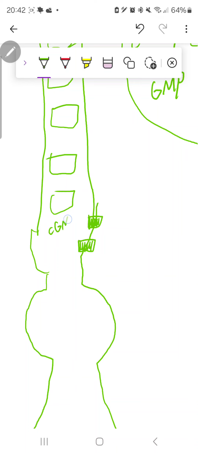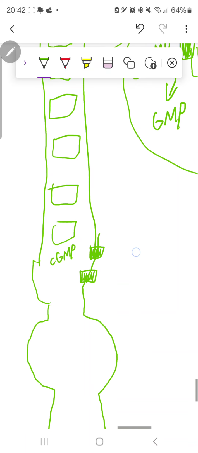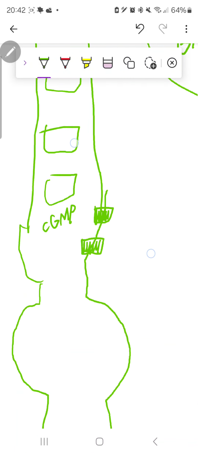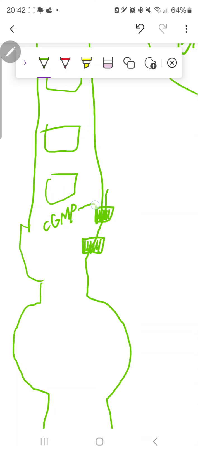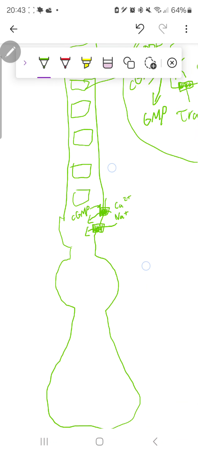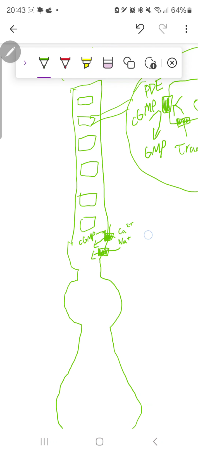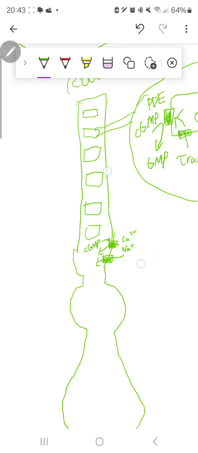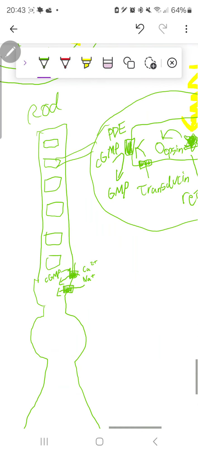So cyclic GMP will stimulate this channel to stay open. And this channel is a cation channel, as mentioned, which will cause calcium and sodium to pass through. And when that happens, this cell will become depolarized. It will become more positive.